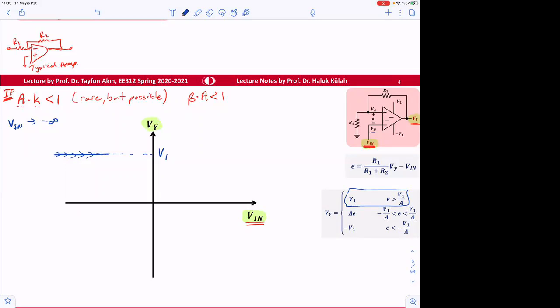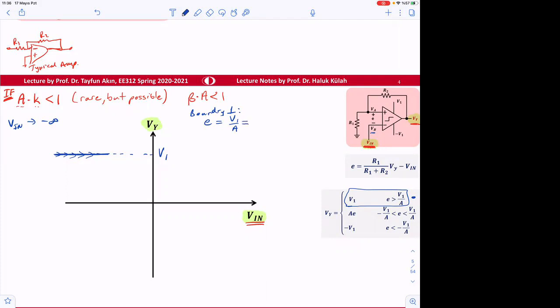But when E becomes, remember this is the boundary, boundary 1 is the point where E becomes V1 divided by A, then things will start changing.